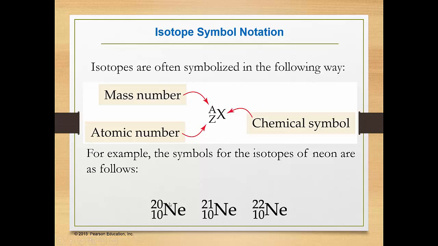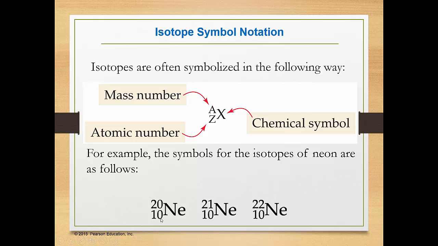But then this is the one that changes. Am I talking about the one that has 10 neutrons, 11 neutrons, or 12 neutrons? So 20, 21, and 22. Now the other thing this does, one of the reasons to write in the number of protons is that if you want to know the number of neutrons, it becomes very easy. You just subtract the 2 numbers.